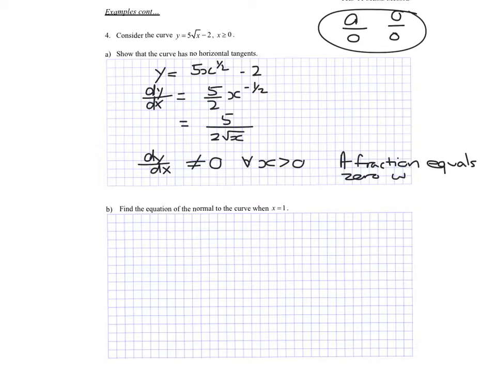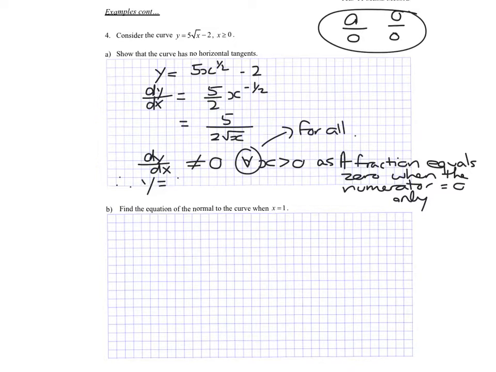So when the numerator equals 0, and the numerator obviously doesn't equal 0 here, it equals 5. So that is why this derivative can't equal 0. This just means for all. That's what that sign means. So therefore, y equals 5 root x take 2 has no horizontal tangents.